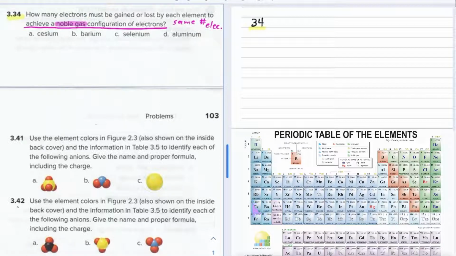Cesium's got 55 electrons in the balanced atom. Radon has 86, so it would have to gain 33 electrons to be like radon. But xenon is element number 54, the previous noble gas, and all cesium would have to do would be to lose 1 electron to be like xenon.